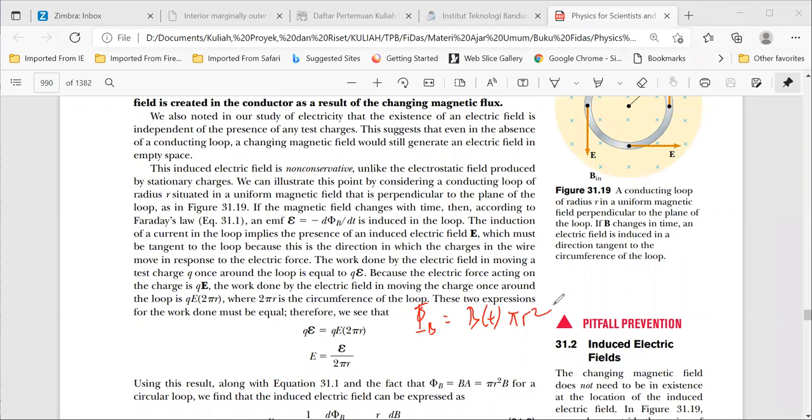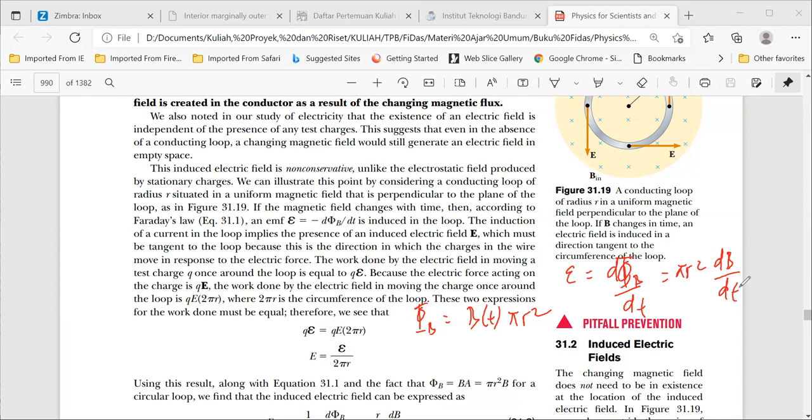So the induced EMF, which is the potential difference, is d phi B over dt. So we will get that this is pi r squared dB over dt.